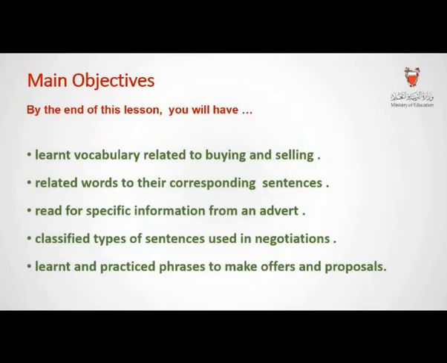You will have matched related words to their corresponding sentences, and you will have read for specific information from an advert, and you will have classified types of sentences used in negotiations, and finally you will have learned and practiced phrases to make offers and proposals.